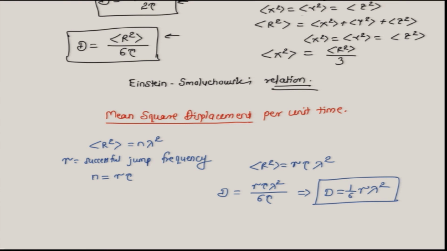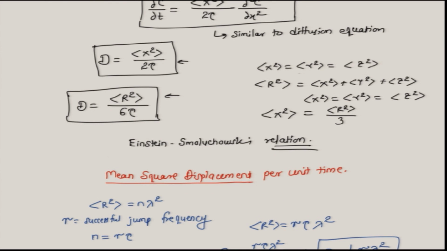right. So, the point to take away is the Einstein-Smoluchowski relation established the physical significance or the theoretical meaning for the term diffusivity. The diffusivity is a measure of mean square displacement per unit time.